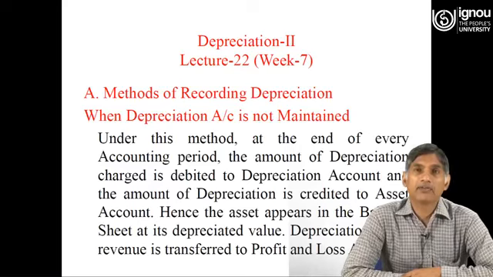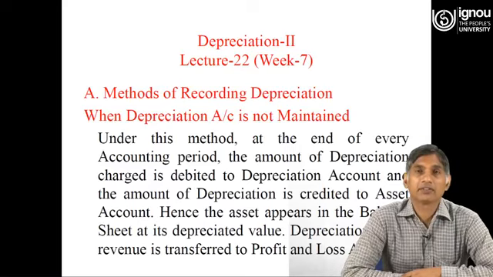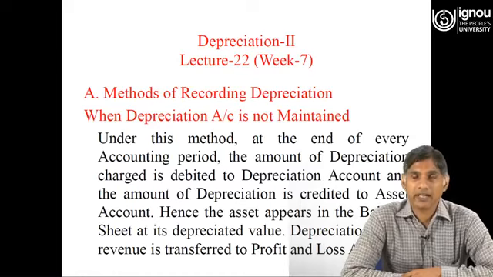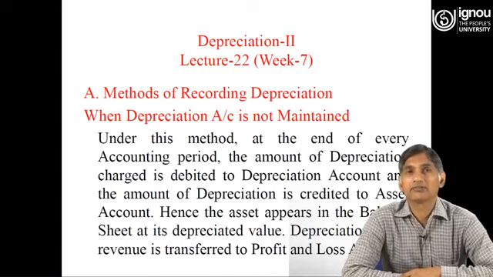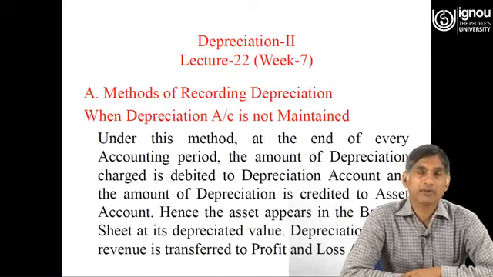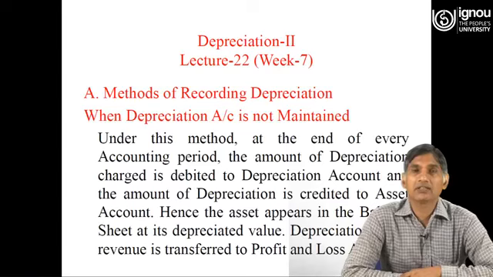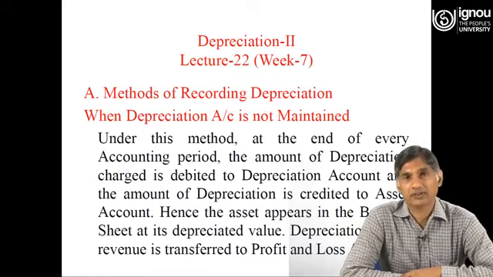So, in part 1 of depreciation, we have discussed the concept of depreciation, the characteristics of depreciation, objectives of providing depreciation, the factors influencing the amount of depreciation, and other related aspects like depletion, amortization, obsolescence, and fluctuations.